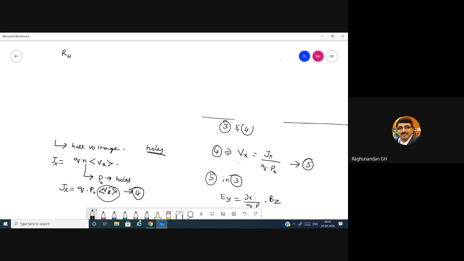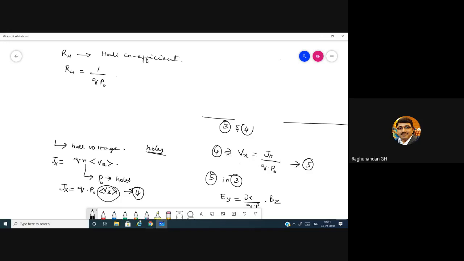This is a constant which we call the Hall coefficient, and it is given as RH is equal to 1 divided by Q into P naught. This is the formula for RH. RH is the Hall coefficient, which is a constant whenever you are going to consider the Hall effect concept.